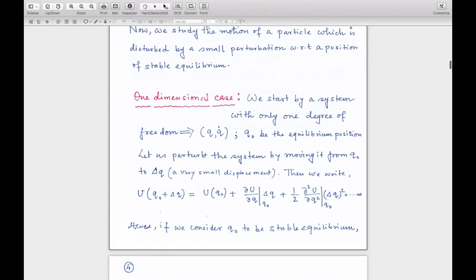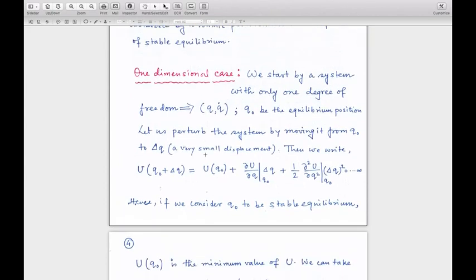Now for simplicity we take the one-dimensional case, and we start with a system with only 1 degree of freedom. That is basically synonymous with saying this is a one-dimensional case. Again, that means only one couple of q and q dot. q0 will be our equilibrium position, of course stable equilibrium, because we are interested in that now.